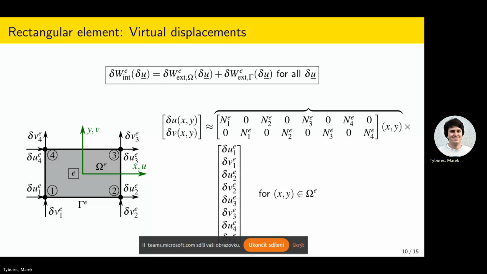The function will be controlled by the value of the displacement at the nodes of the element, which is reasonable, because we can control the quality of the result by defining the mesh.